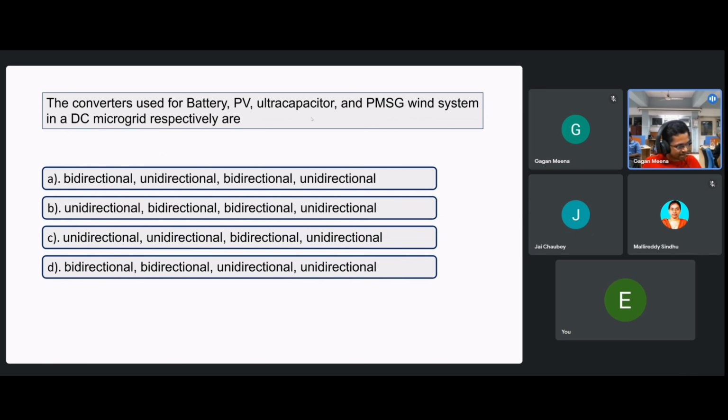So how do we decide which one will require bidirectional or unidirectional current? So the first one is for battery, then PV, then ultracapacitor, and then wind. We have to match.